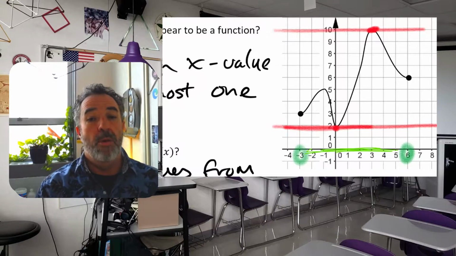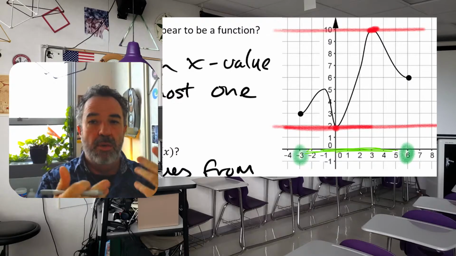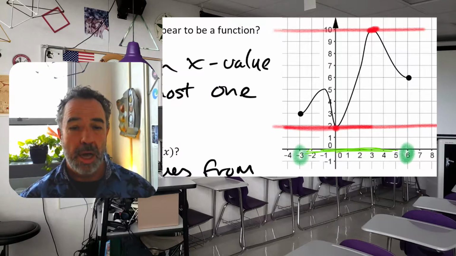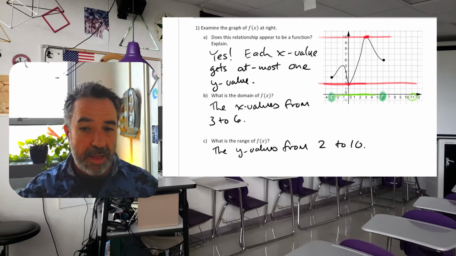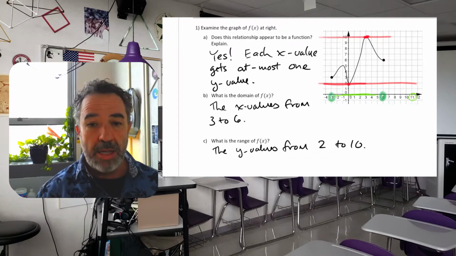My domain, I can give it things from 3 to 6. What does it give me? That's the range. It gives me everything from 2 up to 10. So you can see I wrote that down: the domain is the x values, the range are the y values.